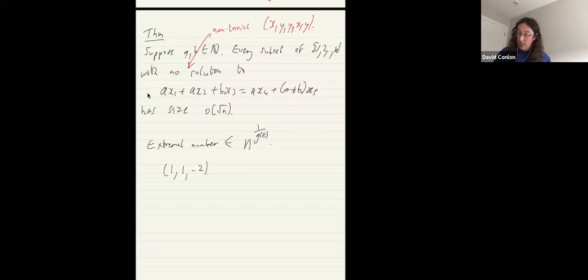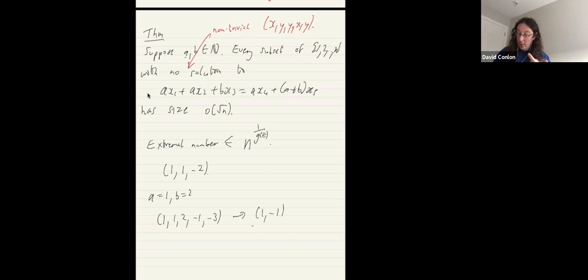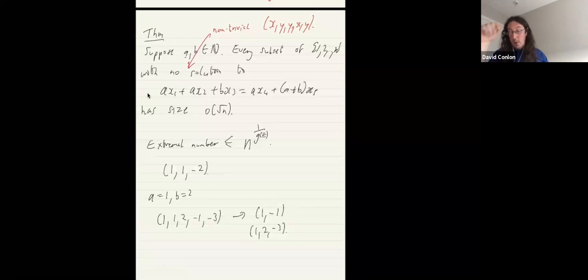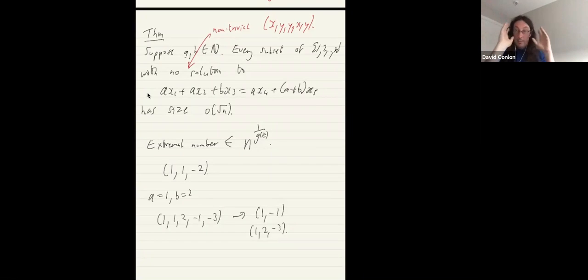For example, if I take a equals 1 and b equals 2, then this is 1, 1, 2, minus 1, minus 1, minus 2, and there I can separate it into two pieces, each of which sums to 0. The genus is the number of parts you can split into and get this. And Ruzsa's result tells you that you get n to the 1 over the genus. So in this particular situation, it has size at most big O of square root of n. And our result improves this to little o of square root of n.